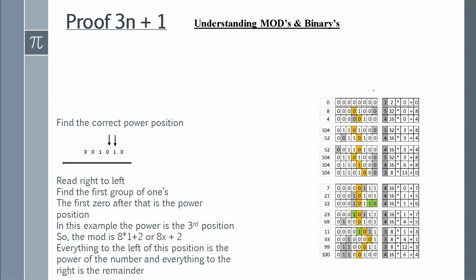So we went from 1 to 3 to 4, right? And we cut our power number in half and doubled our power position, right? We went from slot 2 to slot 3 to slot 4.